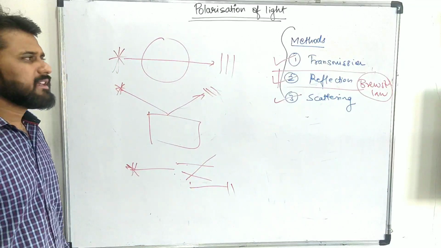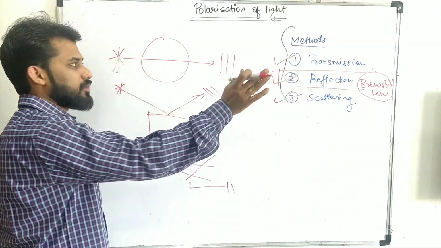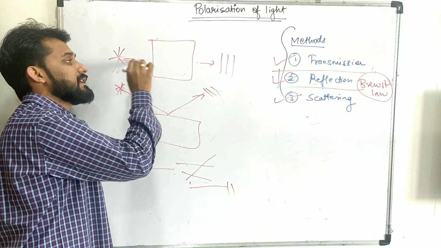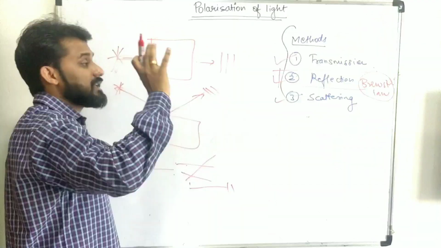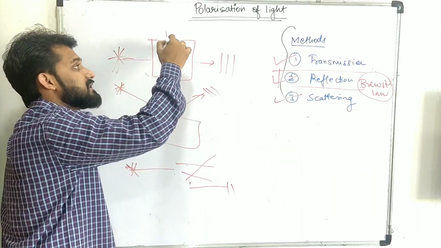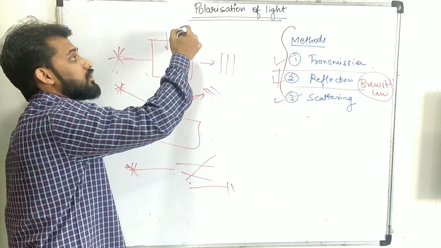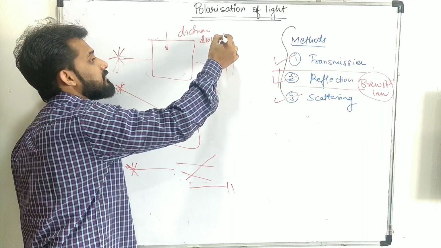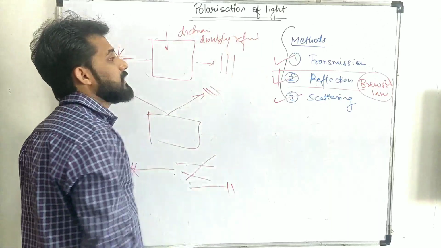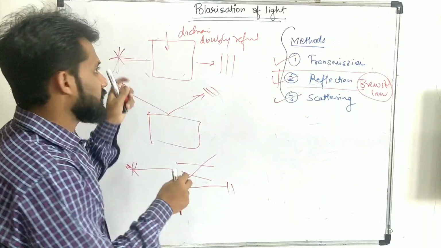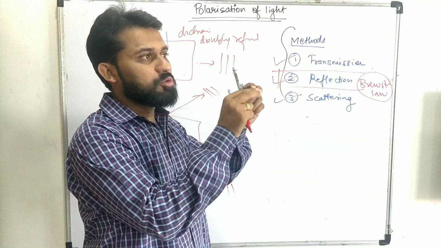Transmission and scattering are not in the syllabus. In transmission, just for information, such substances which can polarize light after transmitting it are normally called dichroic or doubly refracting substances, in which when unpolarized light enters, it splits into 2 different rays.